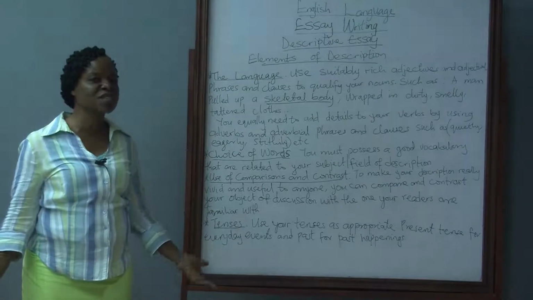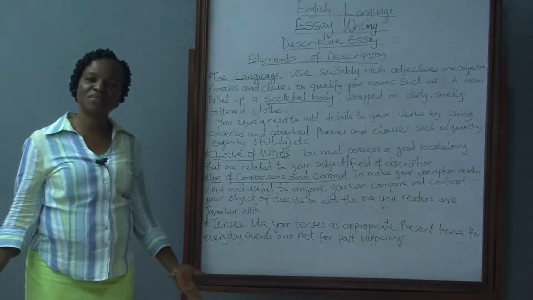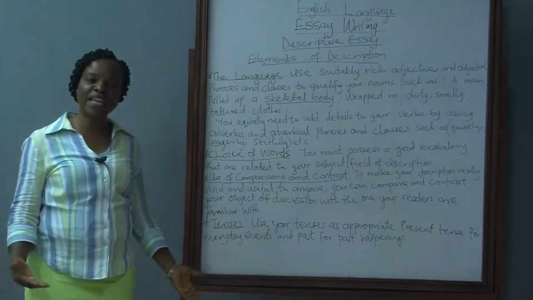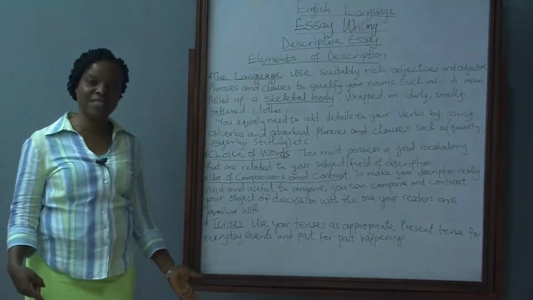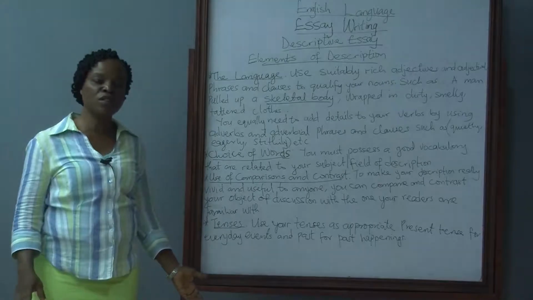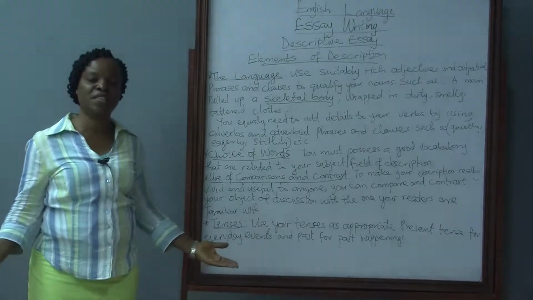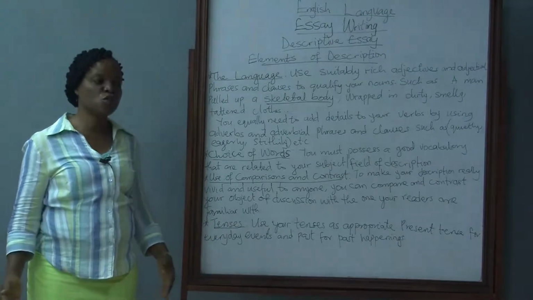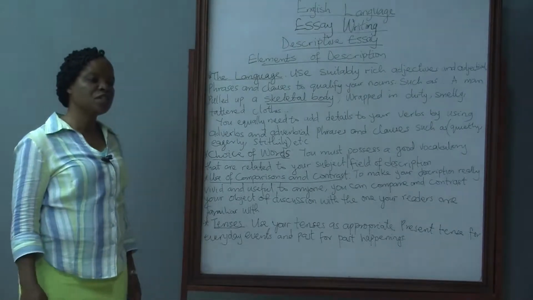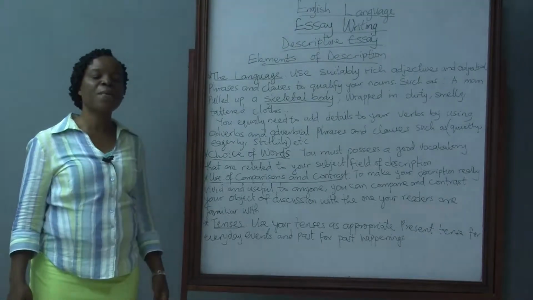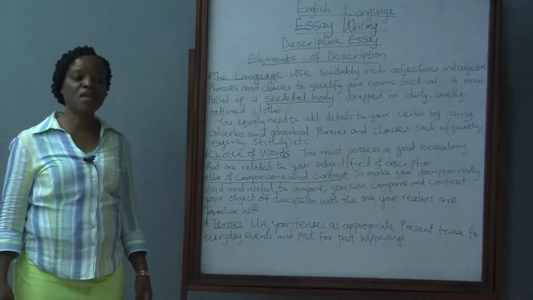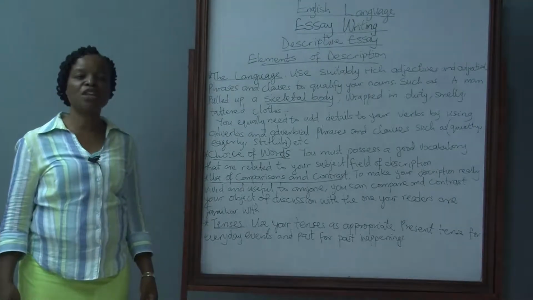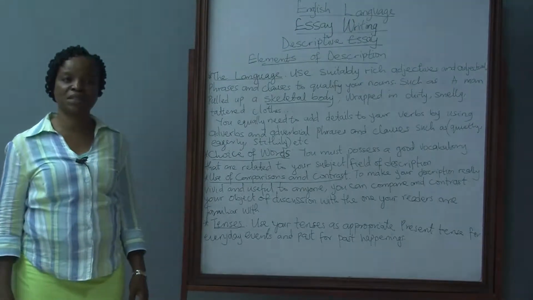You're going to be using present tense most of the time, except you're chipping in something that had happened before within the same context. If not, you're going to be using present tense. It's an everyday thing, something that happens every day. So you use present tense. But if you're referring to past happenings, things that have happened in the past, then you will use past tense.